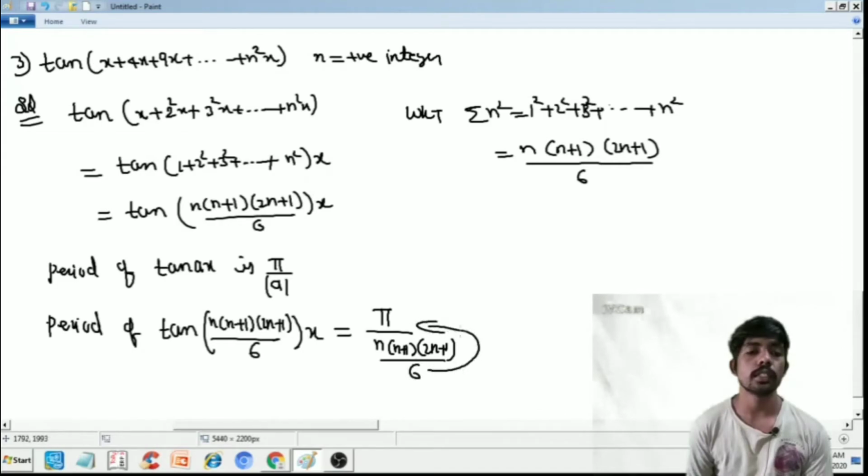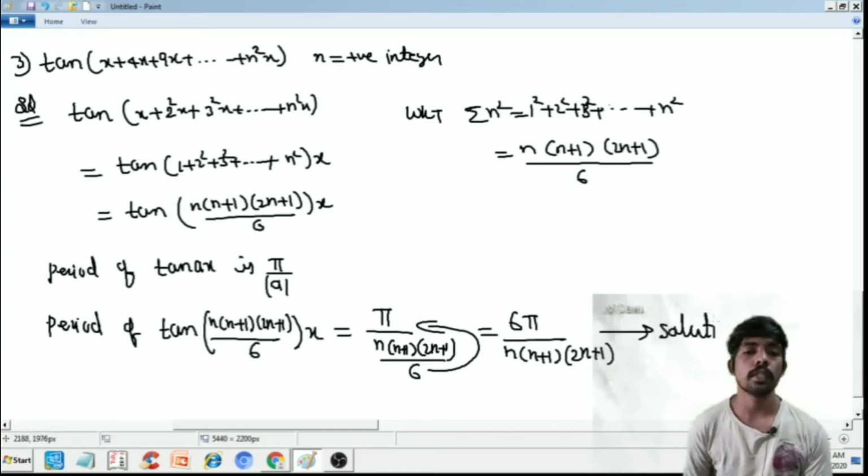So bring the 6 here, then 6 pi by n into n plus 1 into 2n plus 1 is the solution for the given question. I hope I am clear.